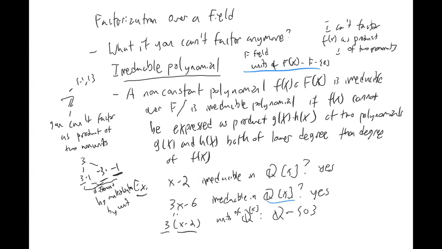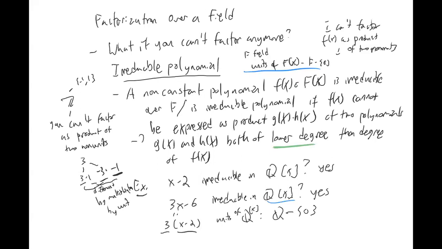So now you see why it has to be strictly lower degree. Because if you had something of the same degree as f, it could differ by a constant, but that constant is invertible in your field. So it only differs by a unit. Just take this definition.